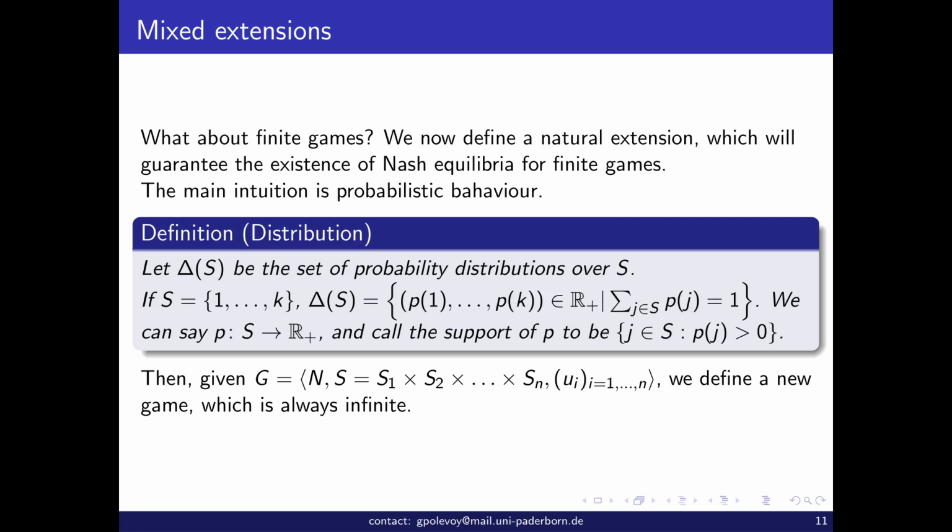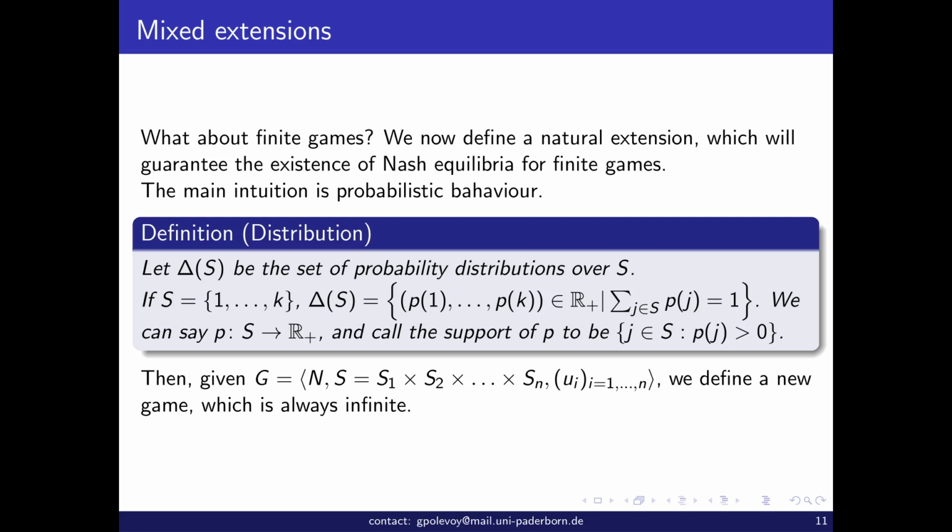Of course, you can check that this satisfies all the probability axioms, that is the definition. And we call the support the set of all the strategies, or all the elements of this set, it will be strategies in the future, who have non-negative probability. So all the elements who play here, so to speak, are called the support of this distribution.